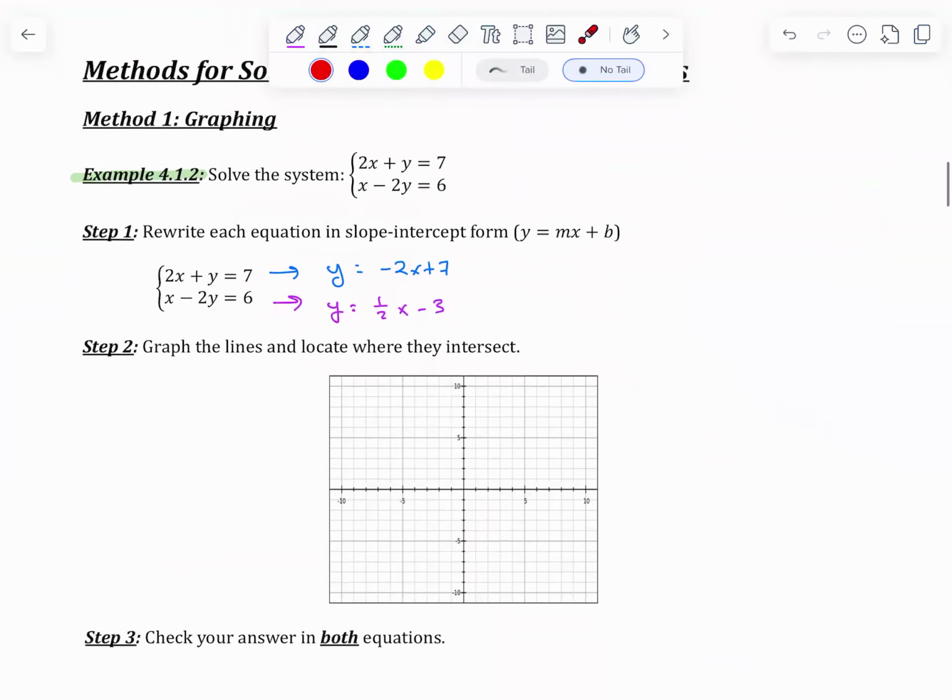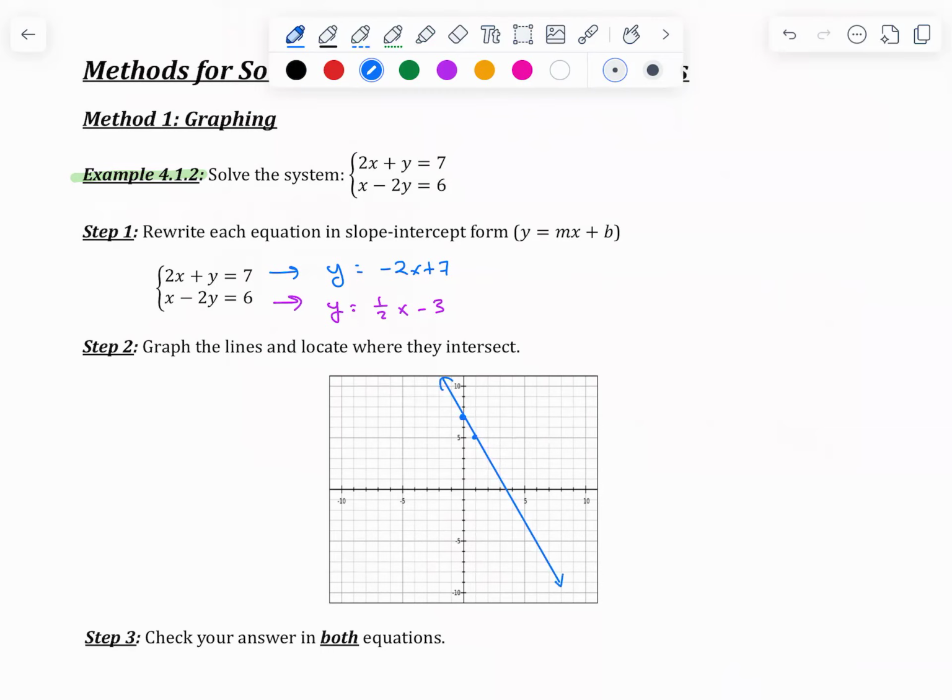And so now step 2 is to graph those lines and find where they intersect. The first line, the blue line, has a y-intercept of 7 and has a slope of -2. So go down 2 over 1 and get the point 1 comma 5. And then I will connect those with a line like that. And then I'll do the same thing with the other one.